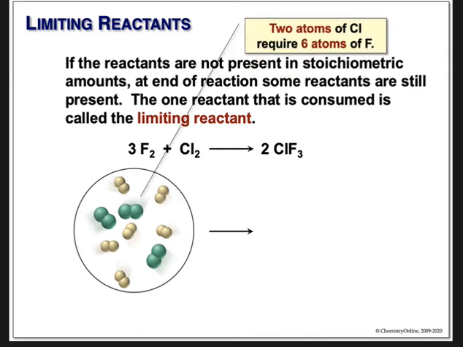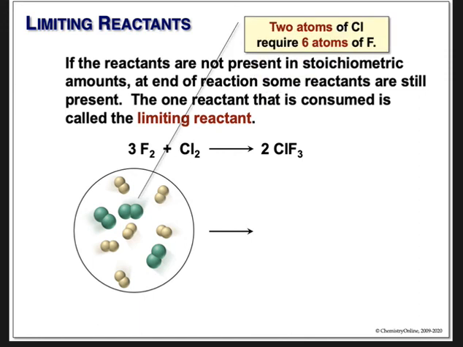First thing you want to note is that every 2 atoms of chlorine, that's Cl2, require 6 atoms of fluorine, that's F2. So that's our stoichiometry.